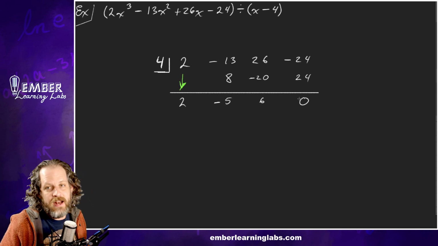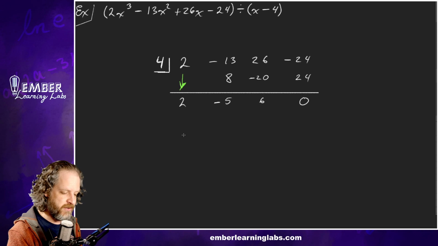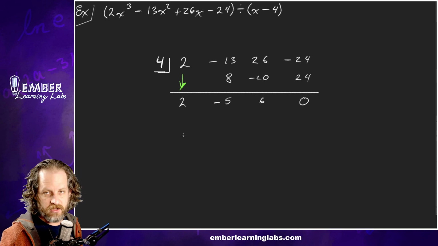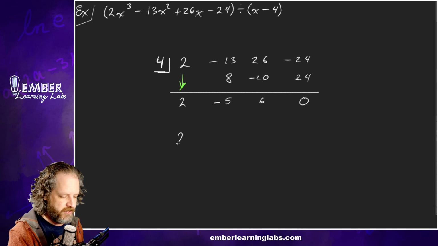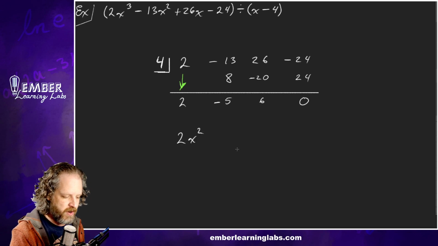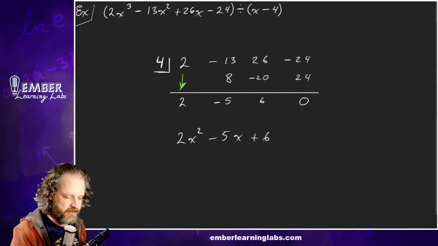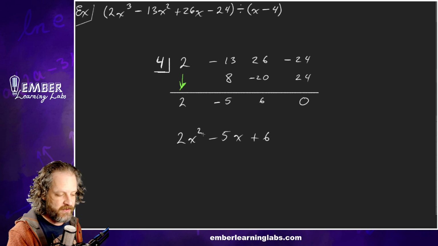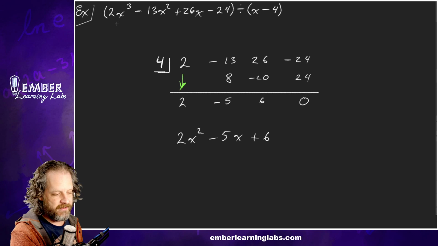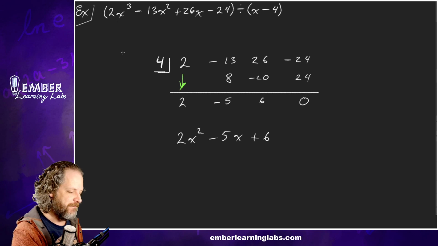Now, the last thing we have to do is turn this back into a regular polynomial. I'm going to write it, and let's see if you can figure out what's happening. It's going to be 2x squared minus 5x plus 6. We just took these numbers, and the exponents are 1 less than the original.